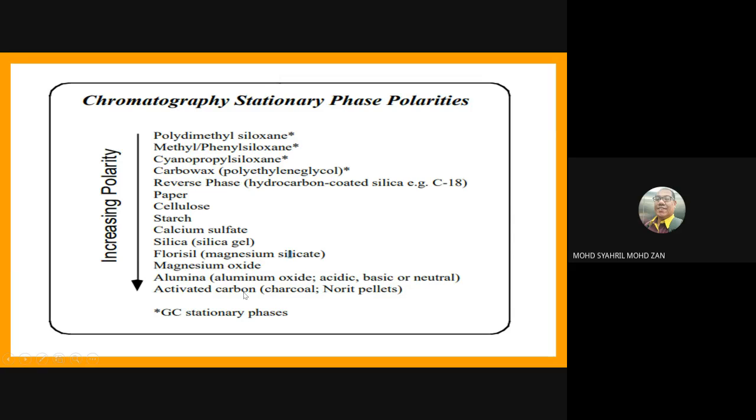And activated carbon, what we call charcoal or norit pellets. If we want to make a stationary phase for chromatography, we mostly mix all these materials. Today our experiment uses paper, cellulose, silica and alumina.